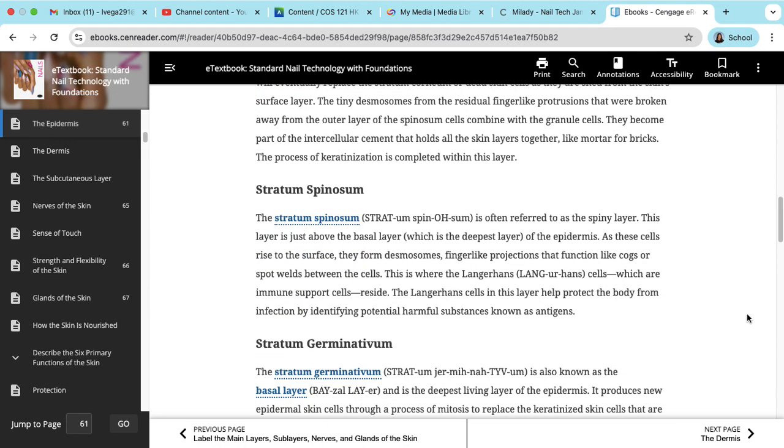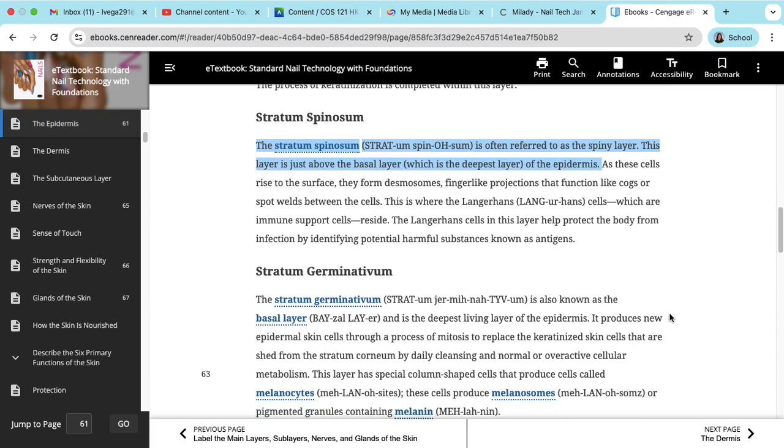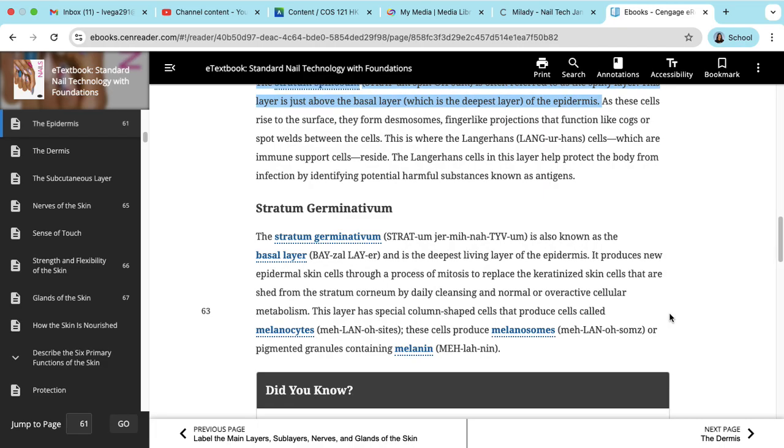The stratum spinosum, which is often referred to as the spiny layer. Lastly, we have the stratum germinativum, which is also known as the basal layer and is the deepest living layer of the epidermis.